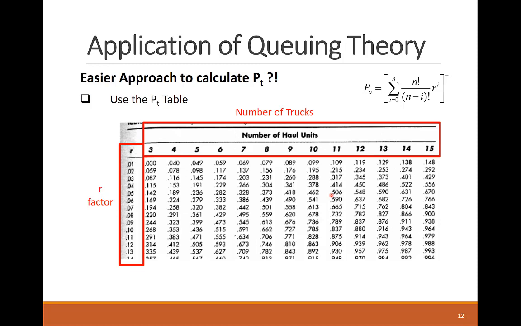For example, in a crew of 6 trucks, an R of 0.05, this crew will have a probability of 28.2% to have a truck ready to be loaded at any point of time. That was quick.